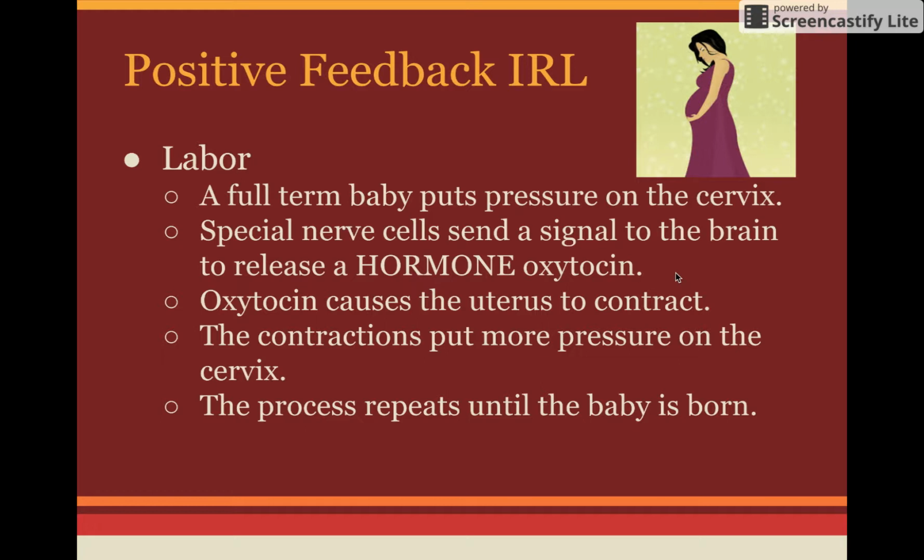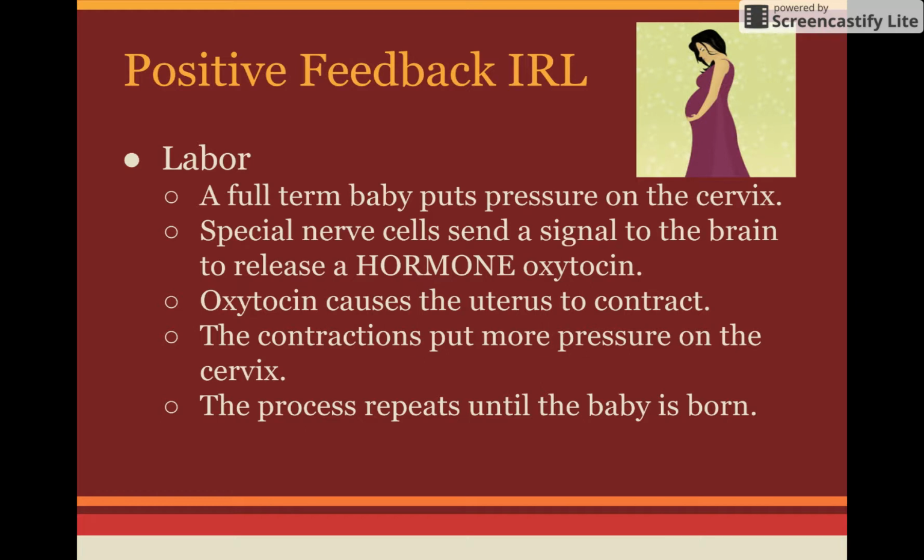That puts contraction pressure on the cervix so that the baby can eventually be born. The release of the hormone causes more contractions, which indicate to the cervix that it's time for the baby to go, and the cervix dilates in response to the hormone. So that's an amplification system: increase of one, increase of the other.